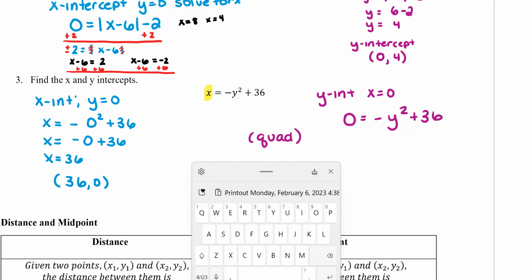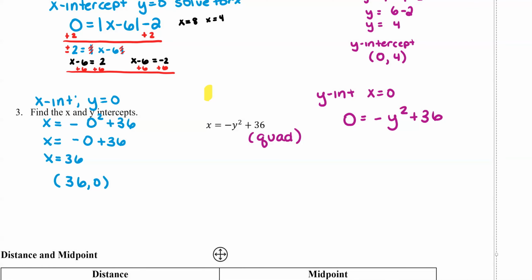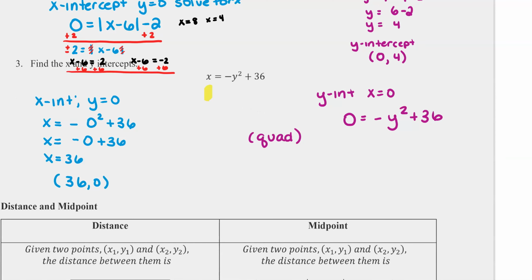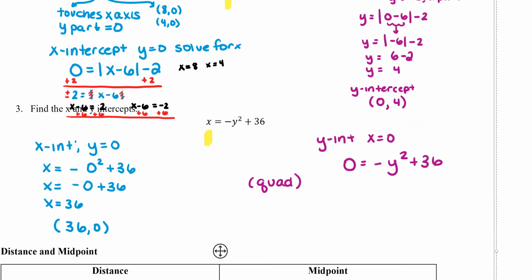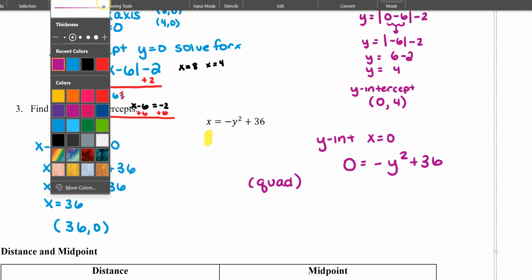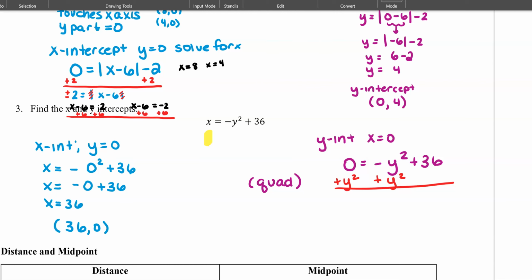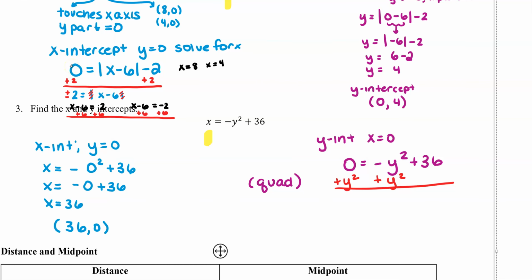So to get y by itself, I'm going to just add it to the other side. So I have y squared equals 36.